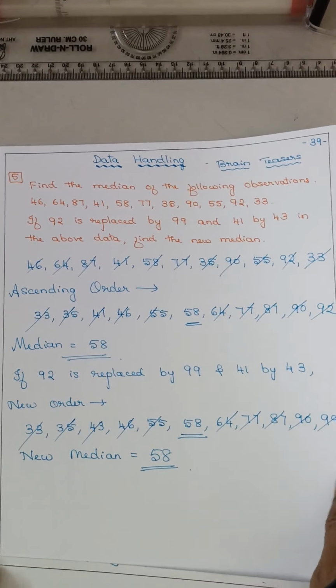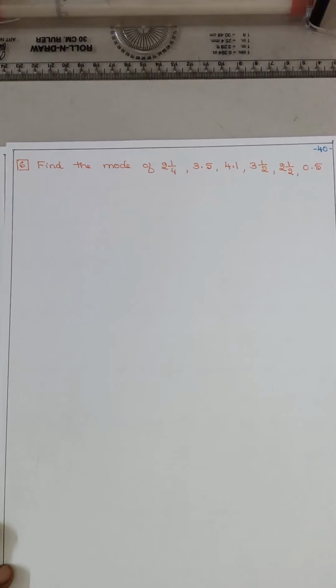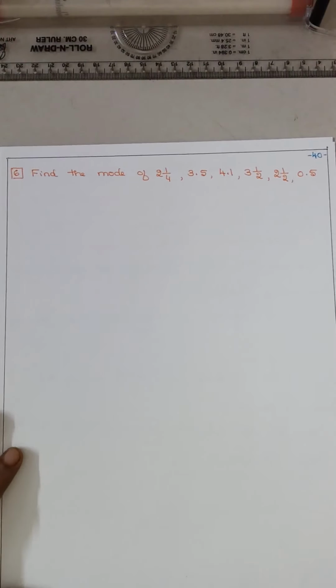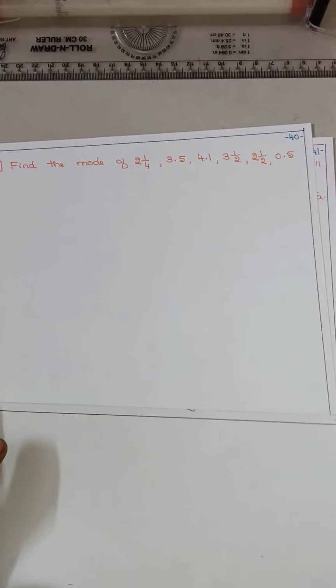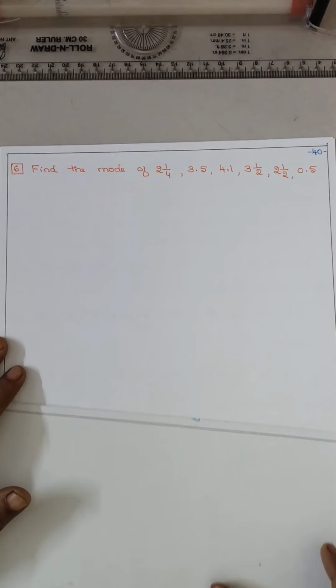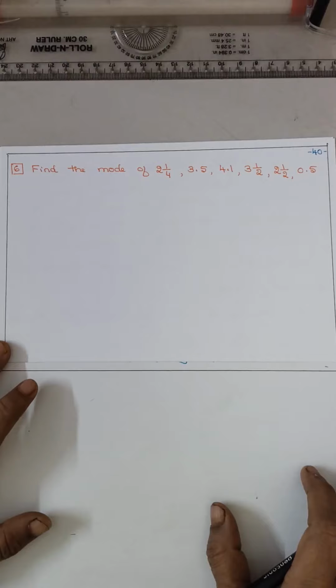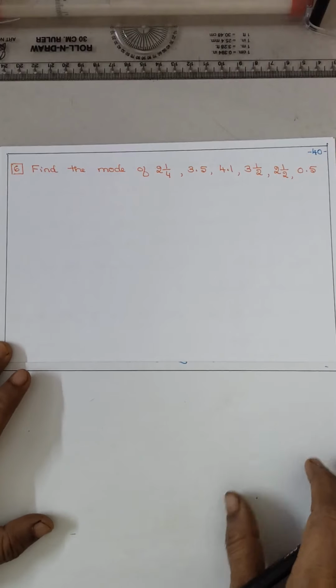Now coming to the sixth question. Find the mode of 2 1 by 4, 3.5, 4.1, 3.5, 2.5 and 0.5. Okay.